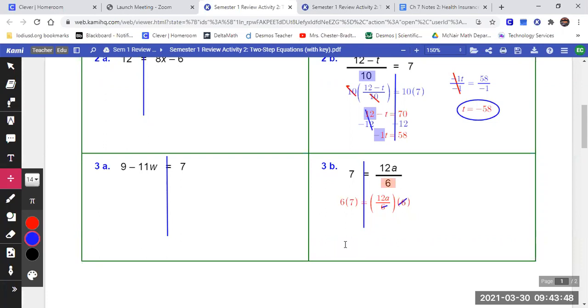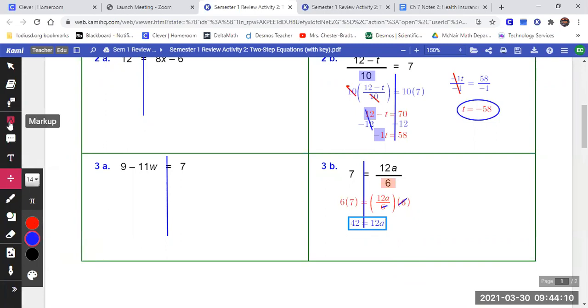Do the math. Tell me what it's going to say now that that 6 is out of there. 42 equals what? I want the whole thing. Yep. 42 equals 12a.